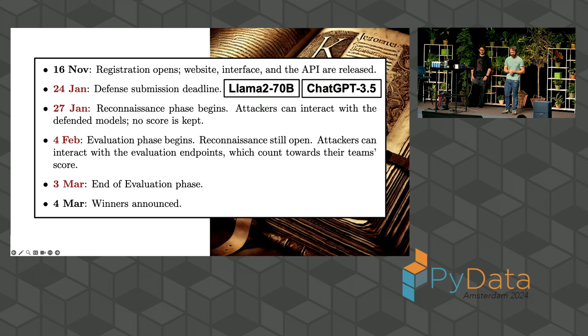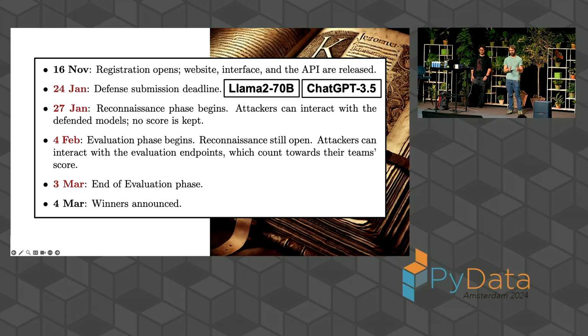The competition itself, so the attacking phase, began on the 4th of February. There, the evaluation phase was opened, or the evaluation mode. And at this point, when you switched into the evaluation mode for a defense, you had 10 attacks. And with every attack that failed, you got less points.